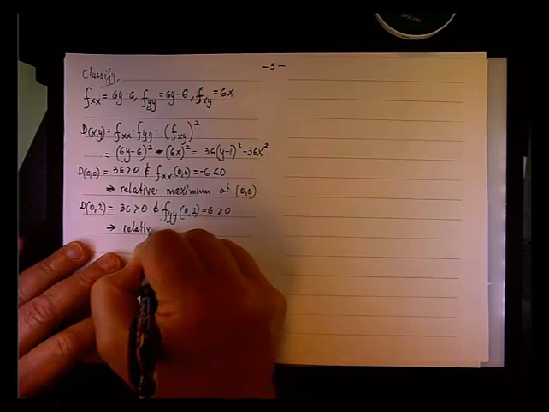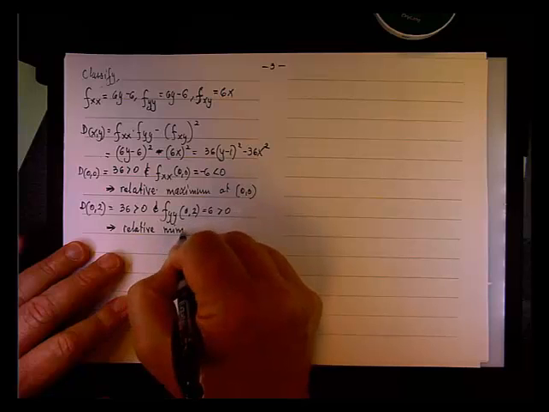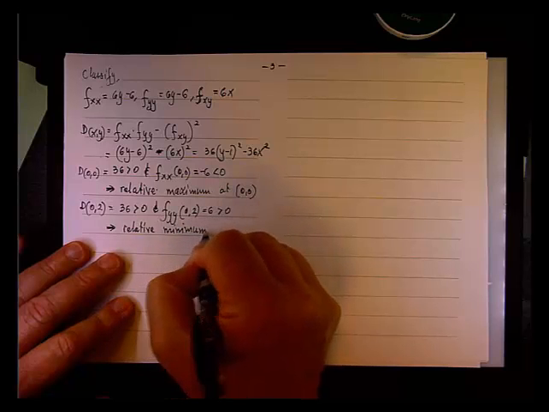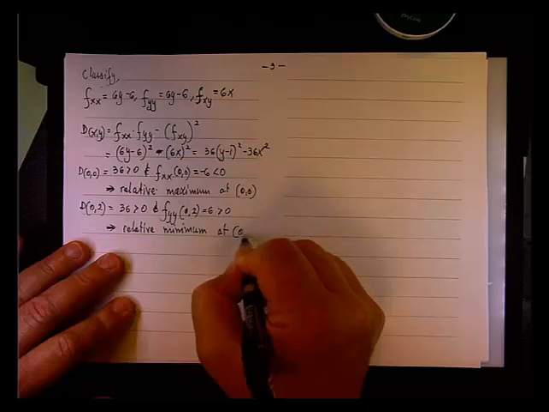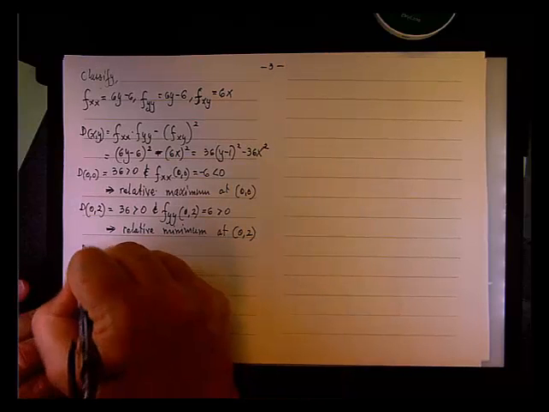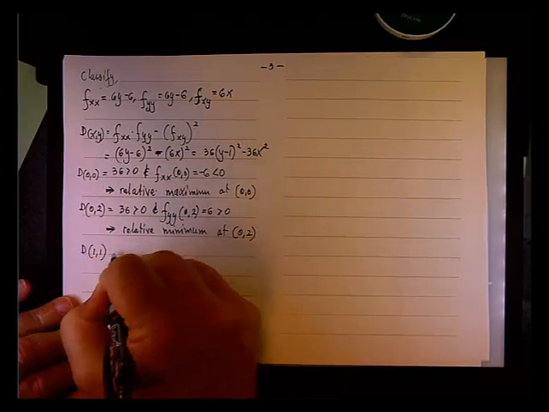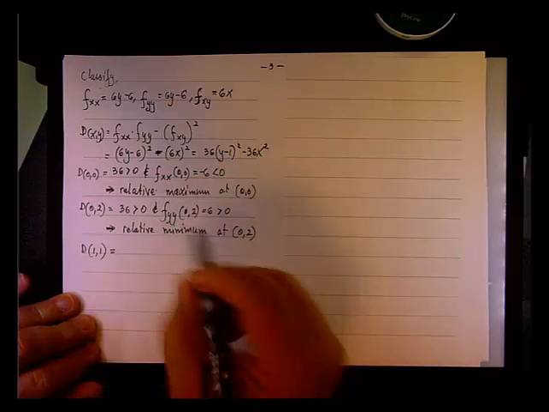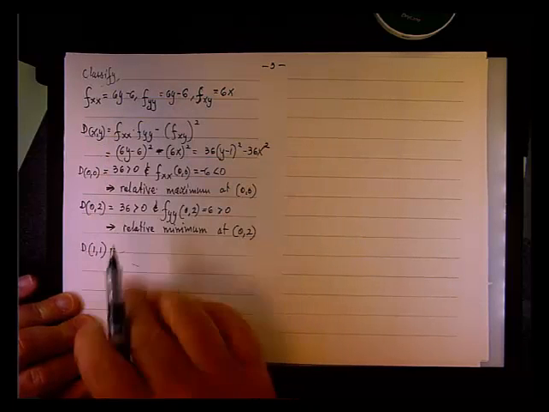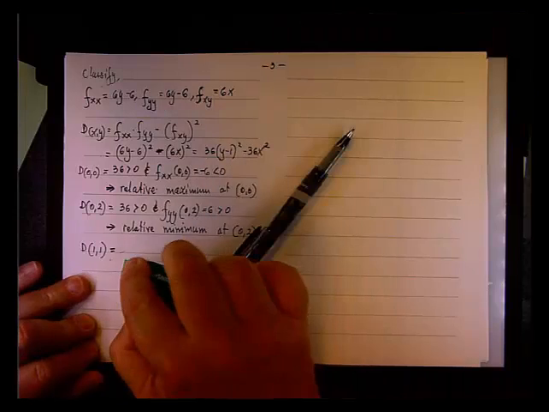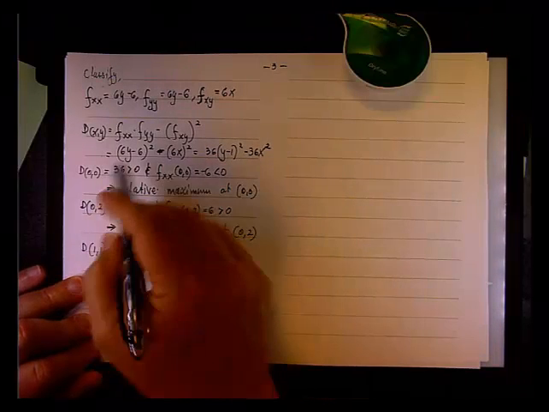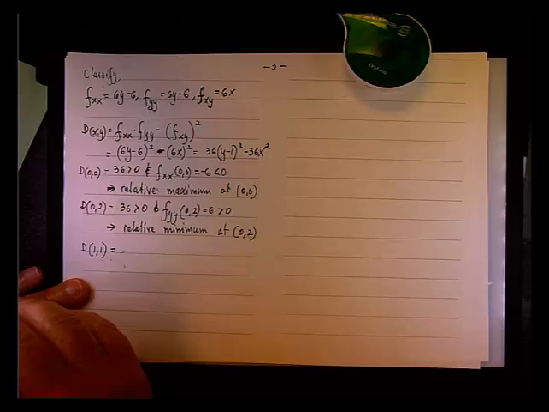We can check either one. Well, fxx and fyy, they are the same anyway. So it will be 12 minus 6. It's equal to 6. It's positive. So we do have a relative minimum at 0, 2.